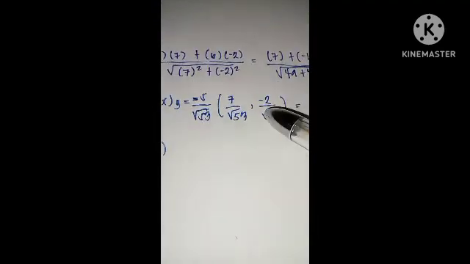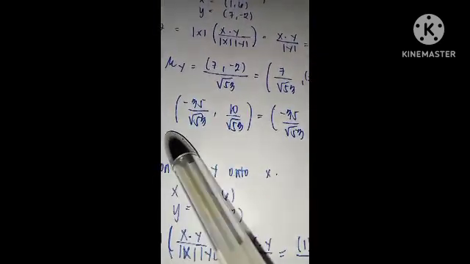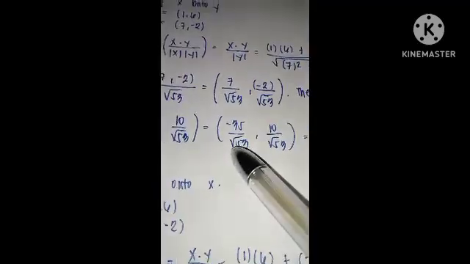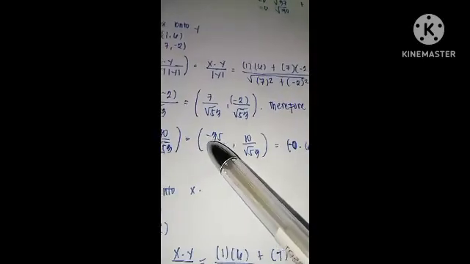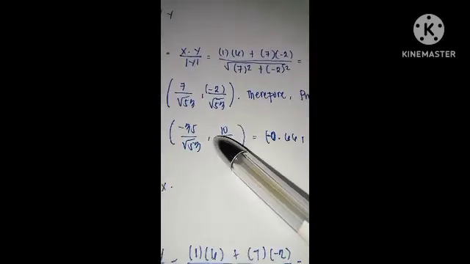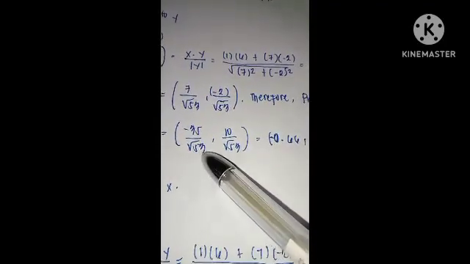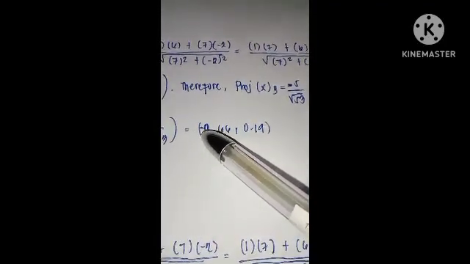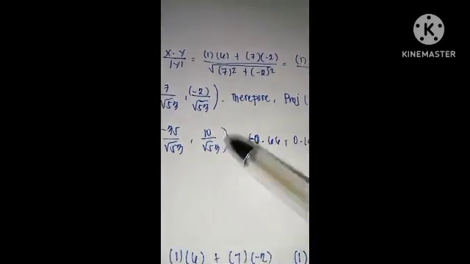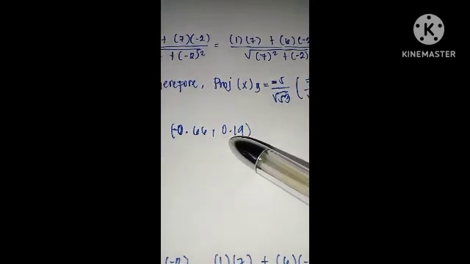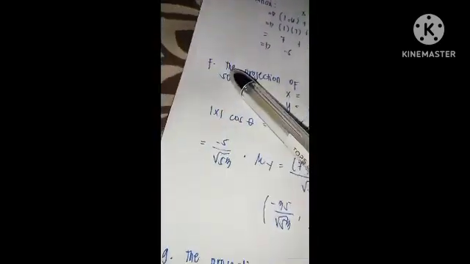Negative 5 times negative 2 is equal to 10, both over 53. So negative 35 over square root of 53 is equal to negative 0.66 and 10 divided by square root of 53 is equal to 0.19. So that is the answer in letter F.